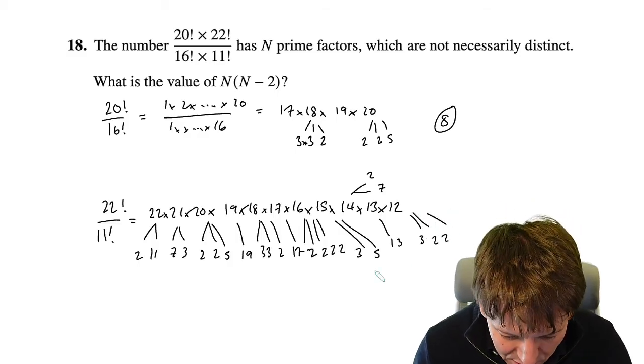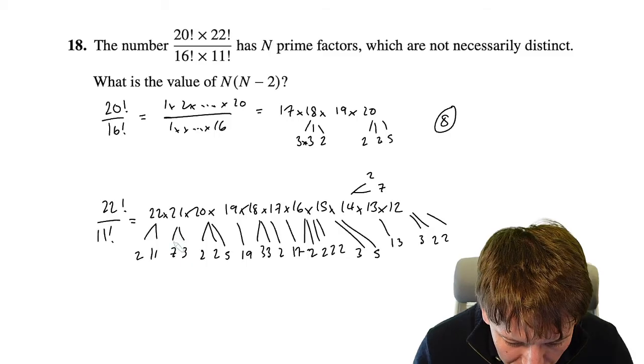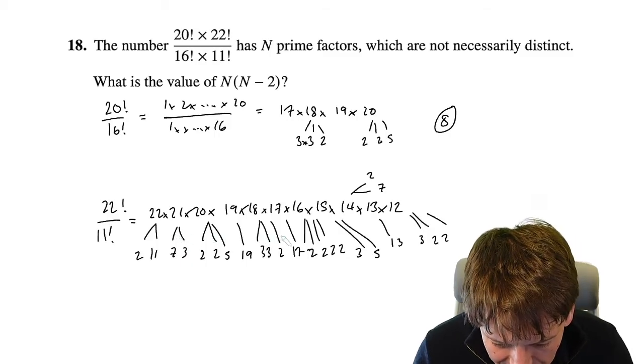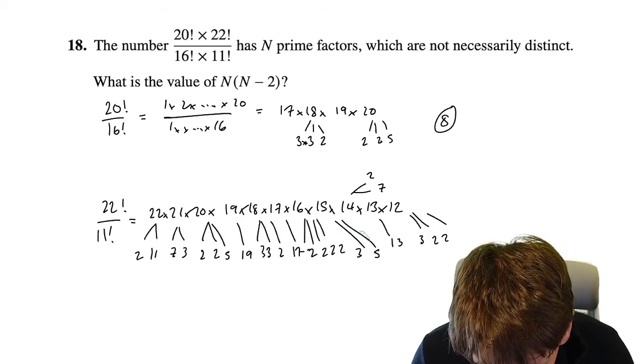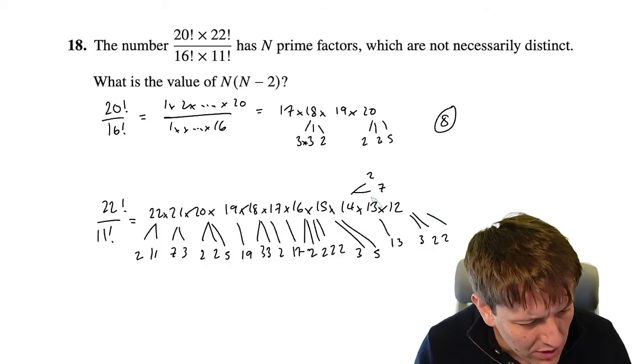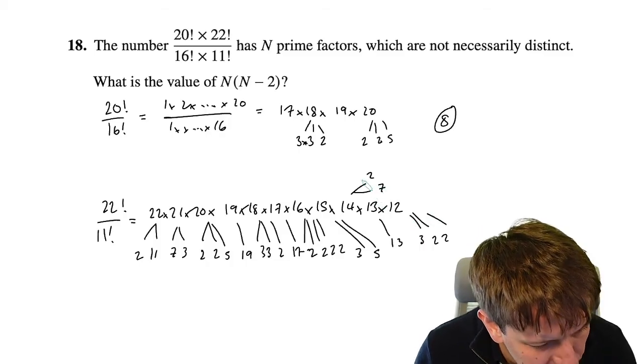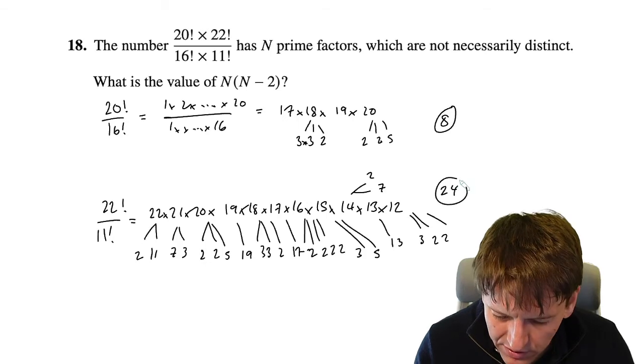And if I count how many lines I've drawn, that should be how many factors there are here. So I've got 1, 2, 3, 4, 5, 6, 7, 8, 9, 10, 11, 12, 13, 14, 15, 16, 17, 18, 19, 20, 21, 22, 23, 24, and I think I've got that right.